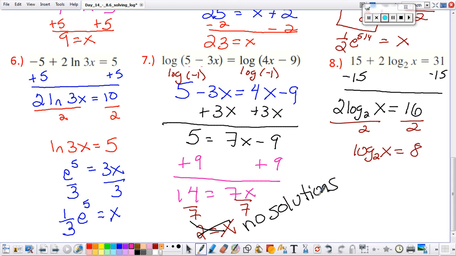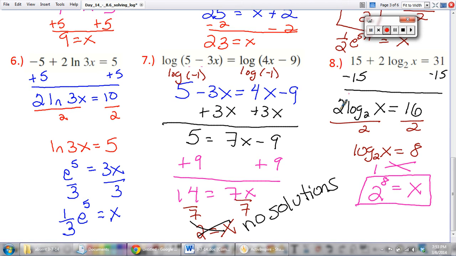Convert to exponential. So let's see. 2 to the 8th is x. I don't have a calculator. I don't want to do this in my head. I'm going to leave it as 2 to the 8th as my answer. If I plug that in here, it's going to be a positive number. So our answer is whatever 2 to the 8th calculates to.